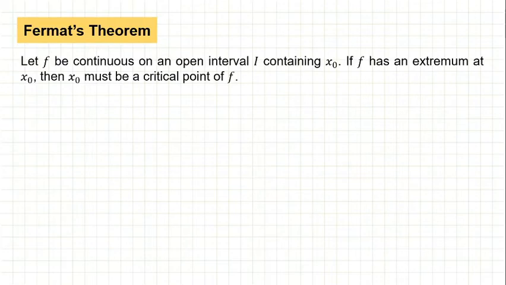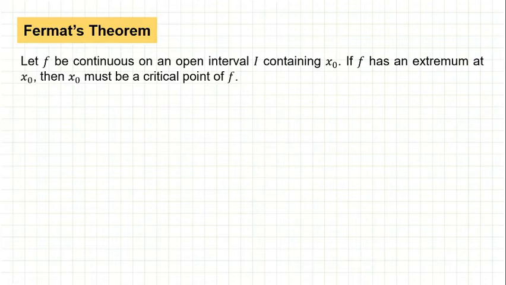Let f be continuous on an open interval I containing x sub o. If f has an extremum at x sub o, then x sub o must be a critical point of f. So meaning, yung sinasabi lang niya, if the extremum of the function, meaning the maximum or the minimum, occurs at x sub o, then x sub o is already classified as a critical point of f.